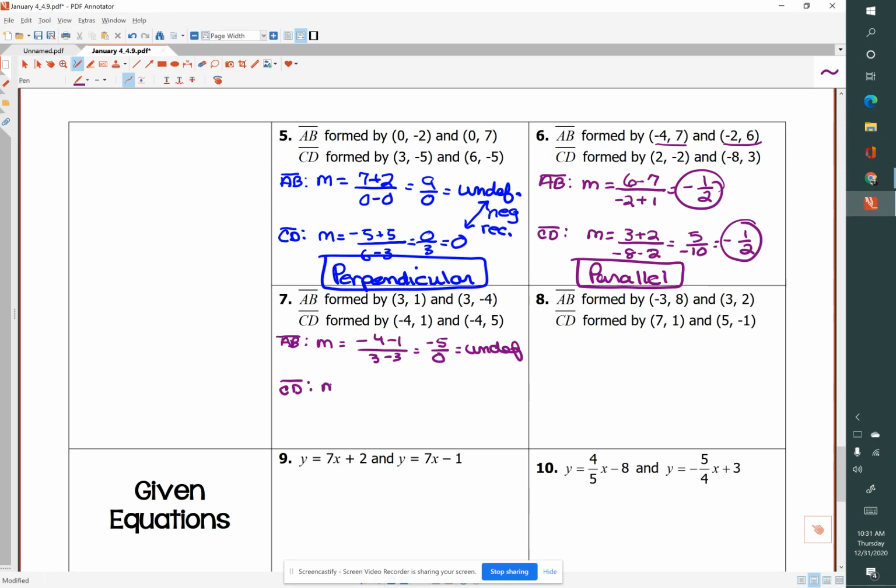M equals 5 minus 1 over -4 minus -4, which is -4 plus 4, which equals 4 over 0. And again, 0 in the denominator. That is undefined. These are vertical lines, both of them, and they are parallel because they have the same slope.